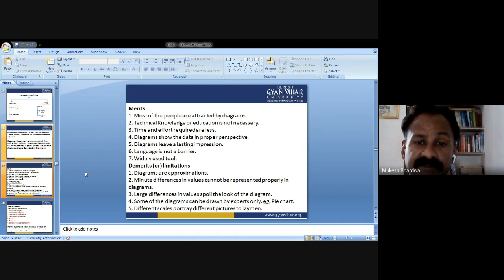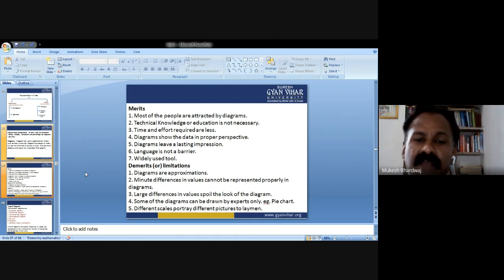Diagrams are approximations. The details are not exact, they are approximate, but near about. Minute differences in values cannot be represented properly in the diagrams. That is, slight differences cannot be represented properly in the diagrams.